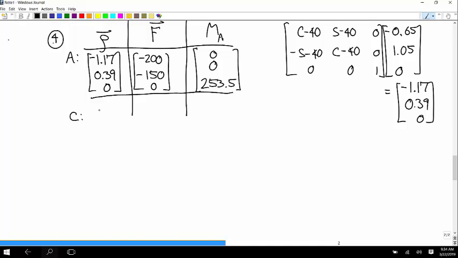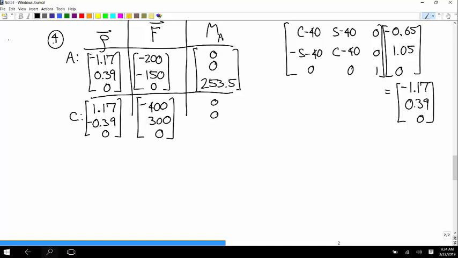So the r vector is going to be 1.17, negative 0.39, 0. The force vector is negative 400, positive 300. And the cross product is 0, 0. What is it? 195.